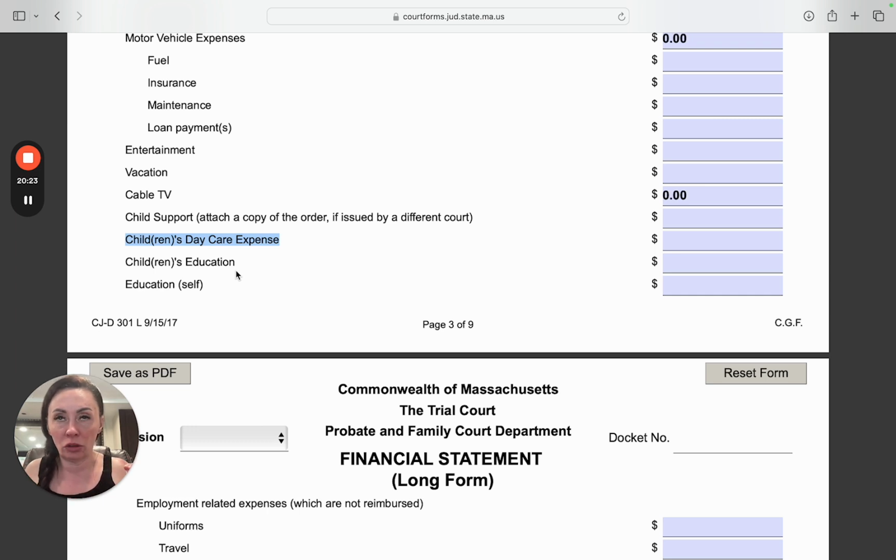So, child support guideline recap: health insurance, dental insurance, vision, daycare expenses, and child support orders paid for other children that are not a subject of the family court action that we're dealing with are all deductions for child support guidelines purposes. So if you're paying daycare expense, make sure that you're reporting it and you're not overlooking it, and make sure that the number is accurate.